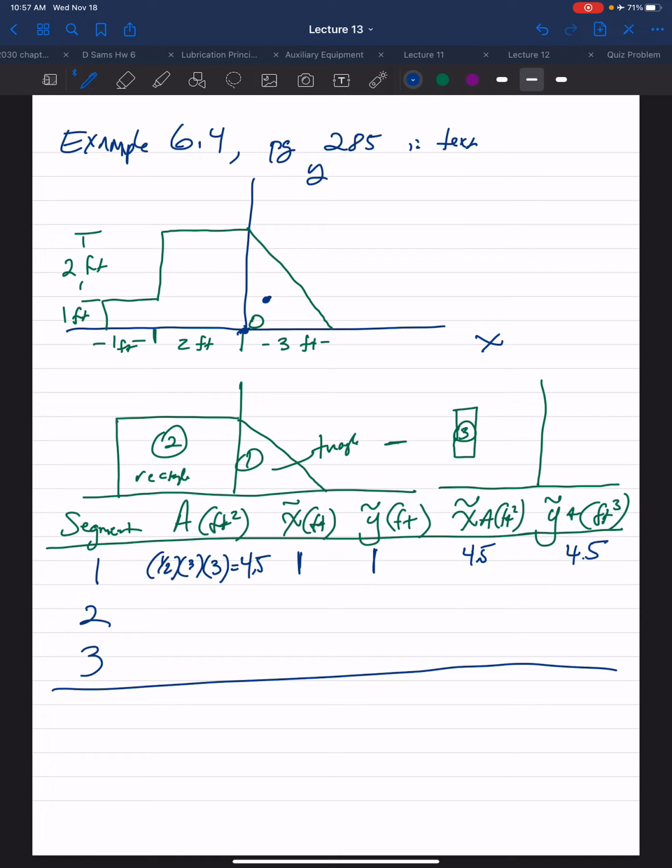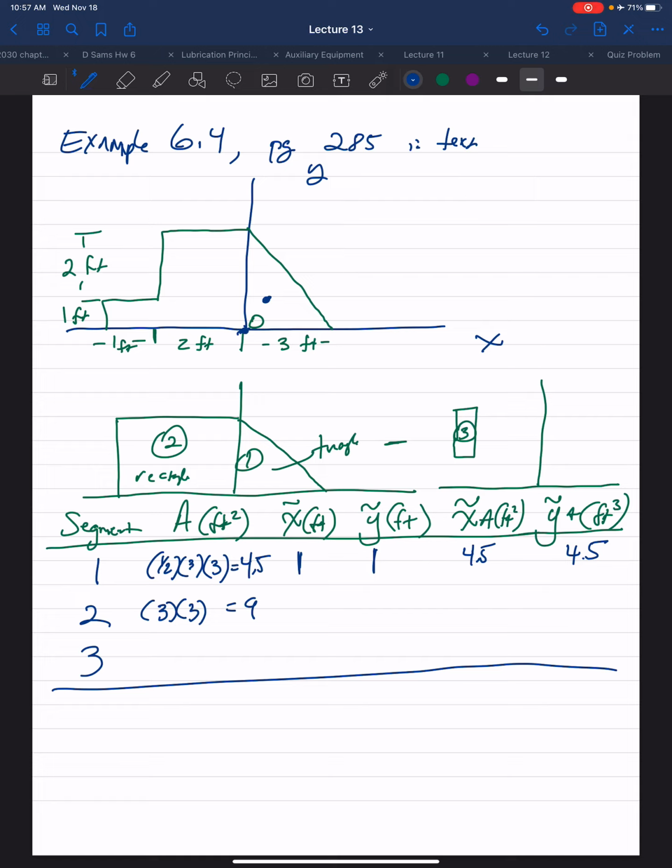Now for segment 2, the area of the rectangle, which we constructed, will be 3 feet times 3 feet, 9 feet squared, 9 square feet. Now remember, these are coordinates, so they have negative or positive values in the x or y direction, depending on how you set up your axes when you're working these problems.